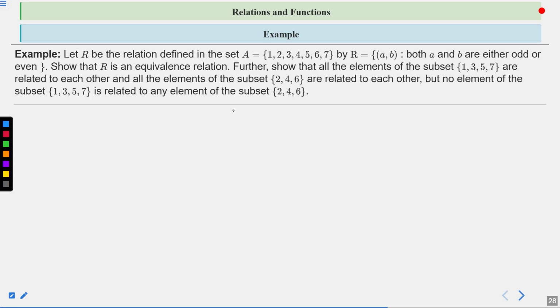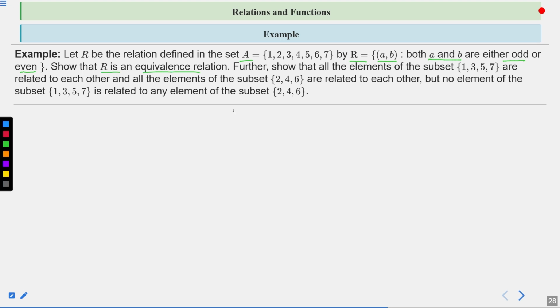Now this example: let R be the relation defined in the set A. Set A has elements 1, 2, 3, 4, 5, 6, 7. Relation R is defined by the collection of all pairs (a, b) such that both a and b are either odd or even. Show that R is an equivalence relation.